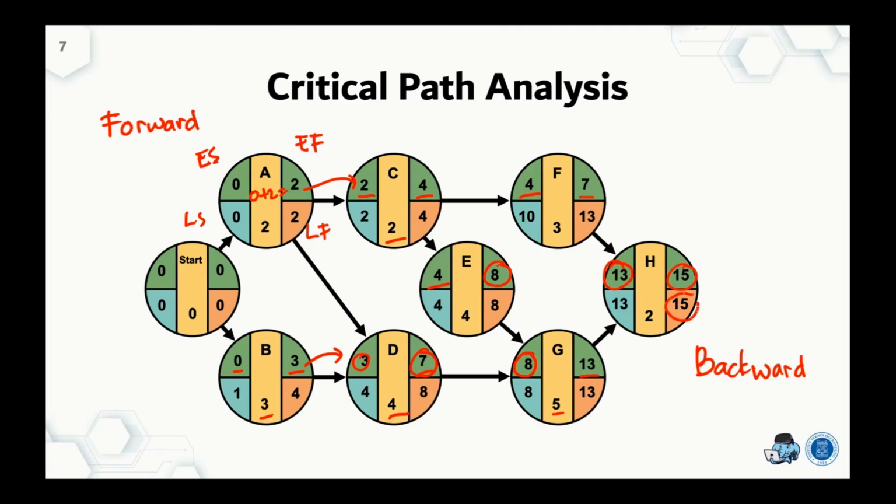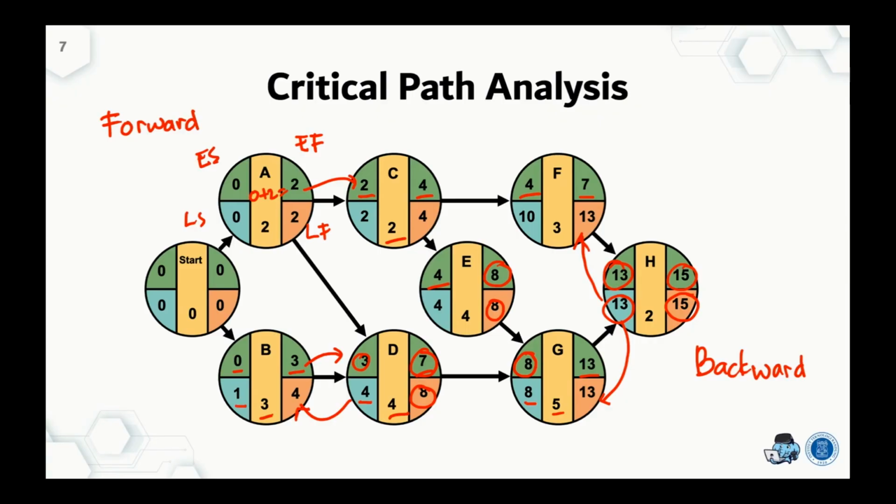Starting from 15, 15 minus 2 becomes 13, and this is the latest start, so the latest start of activity H becomes 13, and also 13 for activity G. Then 13 minus 5 becomes 8. This 8 goes to E, and 8 also for D. Then we continue: 8 minus 4 becomes 4, and 4 minus 3 becomes 1.